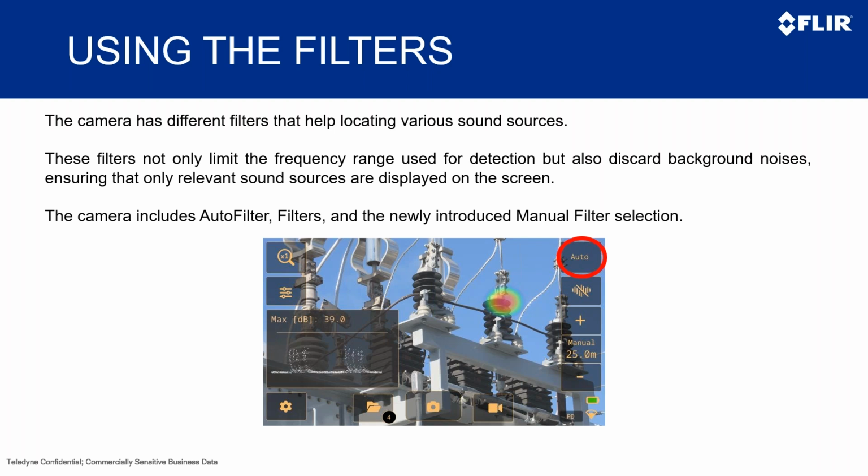But then we also have our models with auto filter, which basically means that the camera will select the best frequency range for the specific sound that we are looking for, and will discard all the sound that is happening at other frequency levels. In addition to this, as you can see here, we have this icon below the auto, which is the auto filter mode.